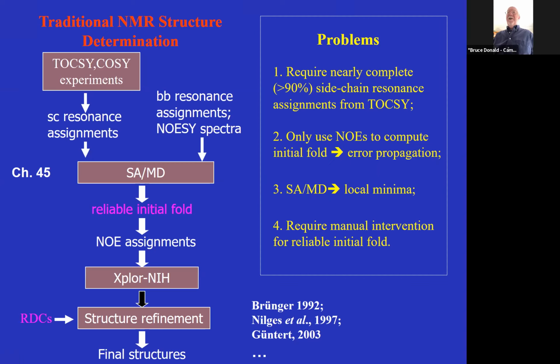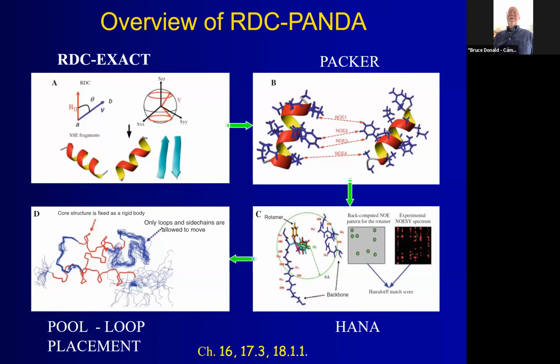So since RDCs are so interesting, is it possible to use them earlier in the process? Here's one possible pathway. You use a technique to calculate the structures of the secondary structure elements, helices and strands. Once these are calculated, you not only have the structure, but you have their orientations.